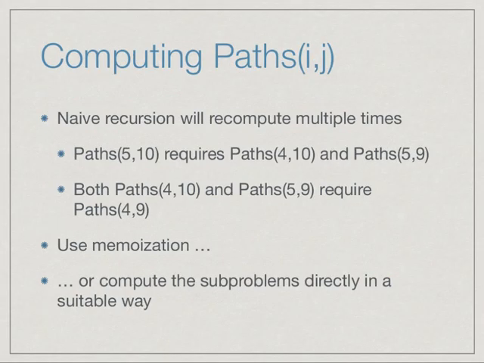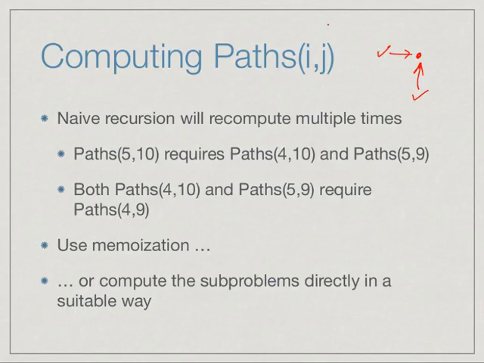So once again, if we now apply this and do this using the standard translation from the inductive definition to a recursive program, we will find that we will wastefully recompute the same quantity multiple times. For instance, paths 5, 10 will require me to compute these two sub-problems, namely 4, 10 and 5, 9.